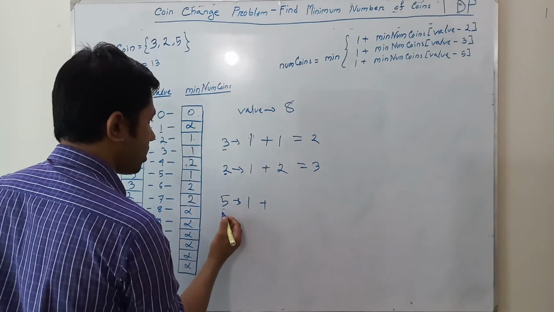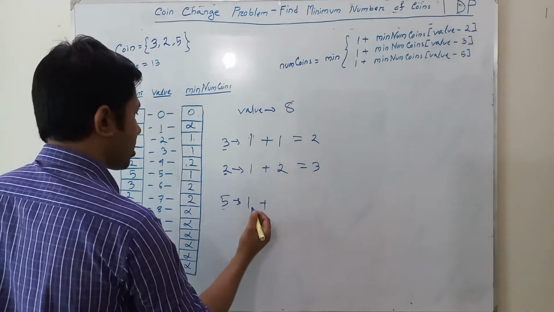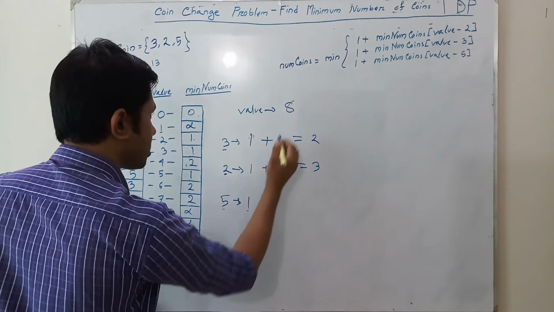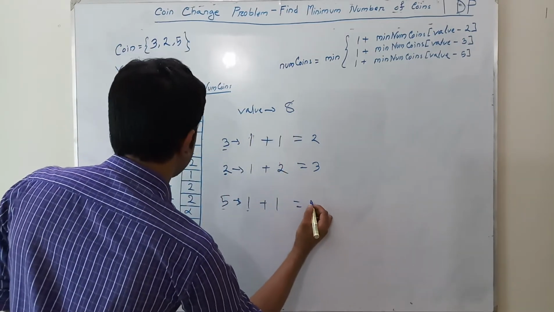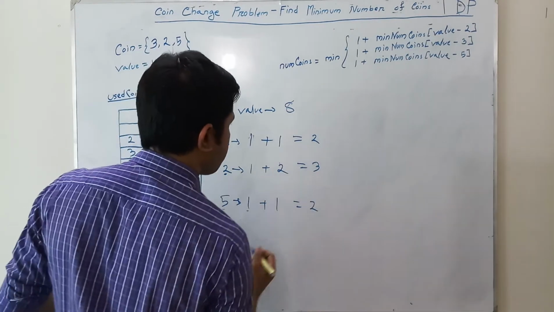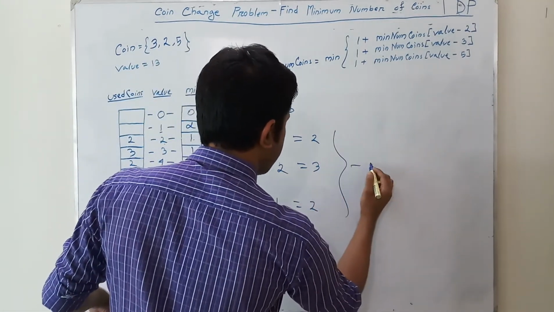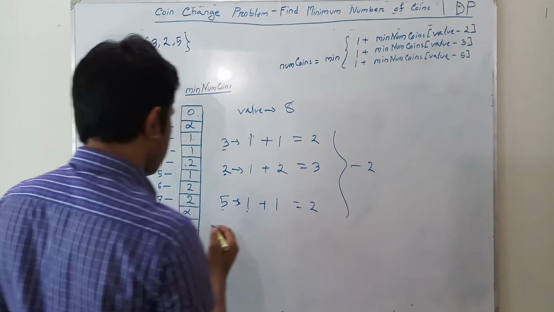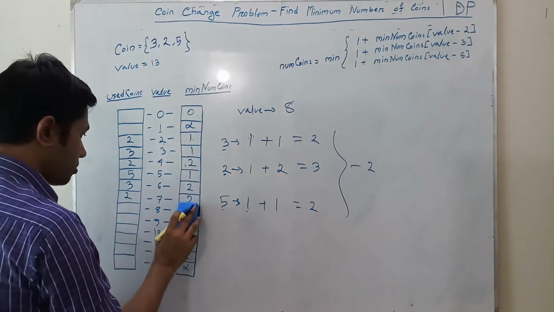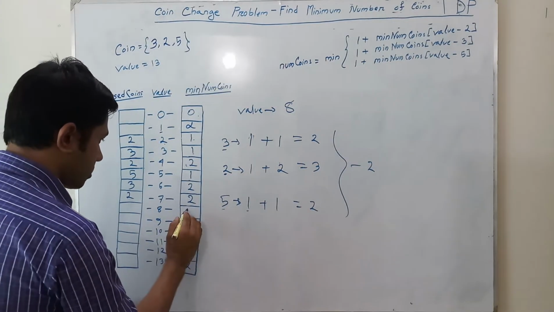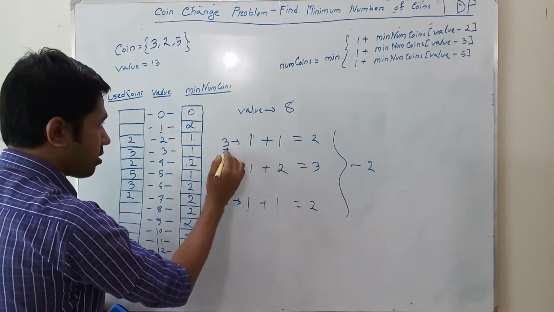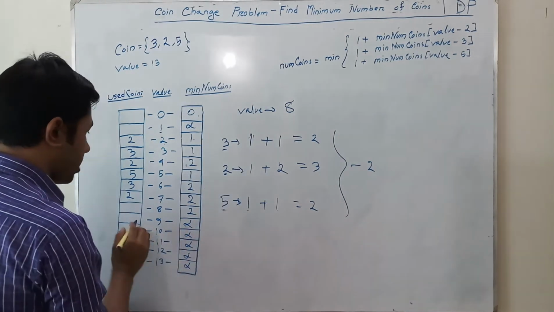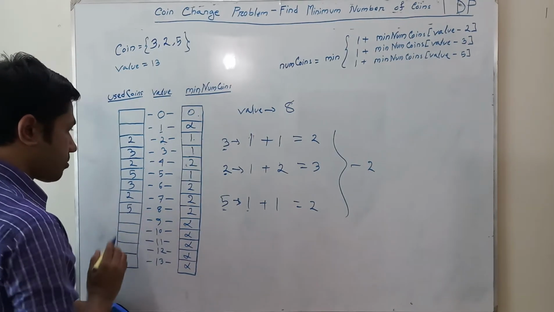If we use 5, we need the total number of coins 1 plus remaining value 3, for 3 it is 1, equal to 2, so here the minimum number of coins is 2, so we will store here the value 2, and we can use any coin 3 or 5. If we use 5, then we will store here 5.